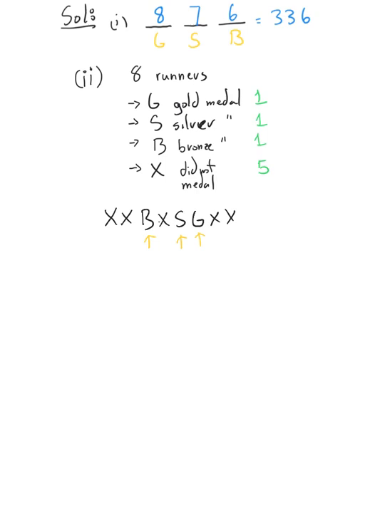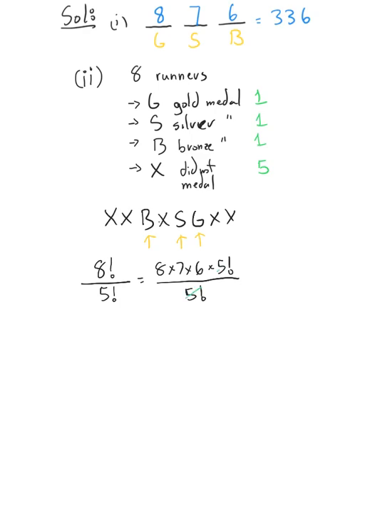So we just need to count the number of unique ways of arranging these. But we know how to do that. It's going to be 8 factorial over, well, the only repeat letter is the X, so we're going to divide by the number of ways of arranging our X's. 5 factorial, so this is 8 times 7 times 6 times 5 factorial over 5 factorial.